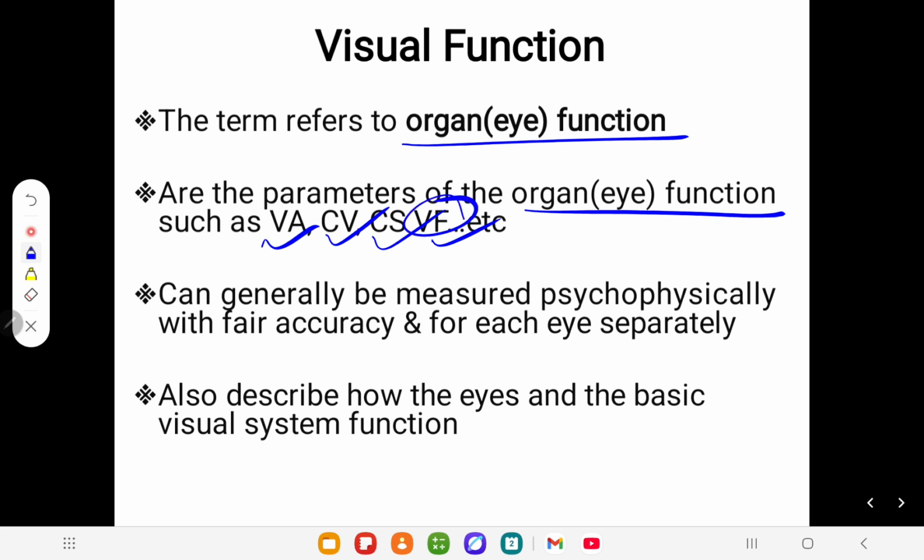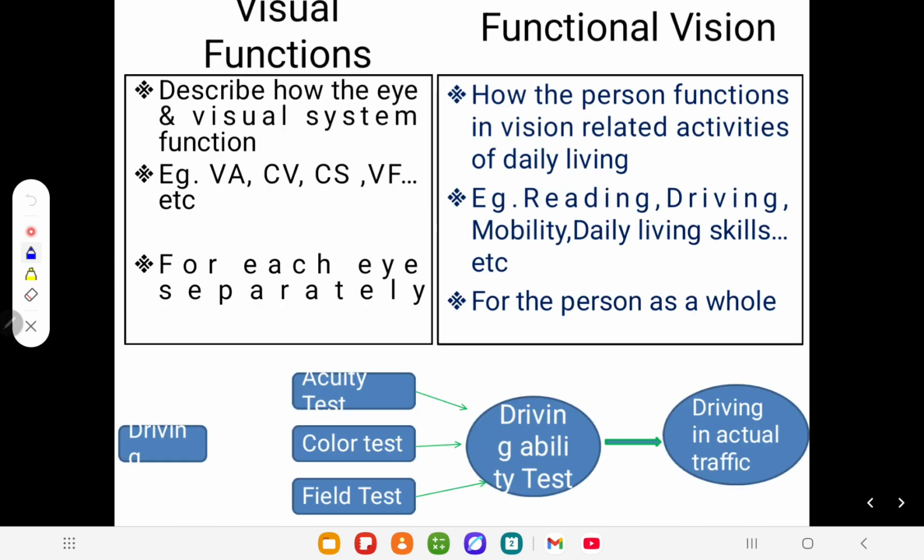They can generally be measured psychophysically with fair accuracy for each eye separately. It also describes the basic form of visual system function, and that's different. What is visual function and what is functional vision? I think these terms are important. Basically, visual function describes how the visual system functions, and we take this as very important, isn't it?